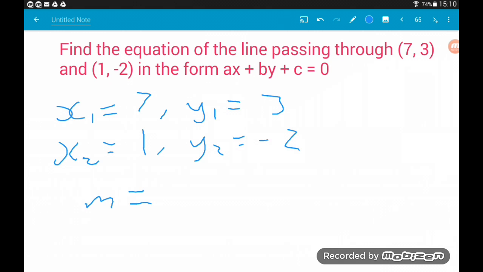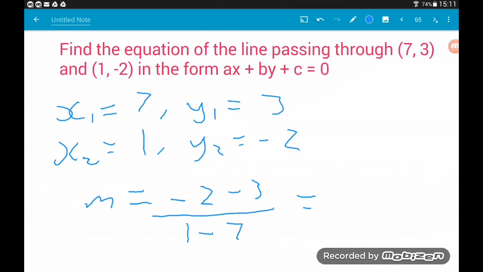So the gradient is going to be y2 minus y1, so minus 2 minus 3, over x2 minus x1, 1 minus 7.